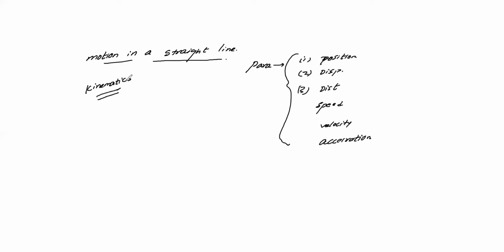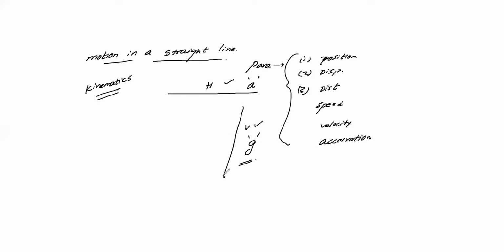Remember, motion in a straight line is nothing but kinematics. Always remember, we are discussing an object traveling in a straight line, whether it is a horizontal case or a vertical case. For the horizontal case we discuss acceleration; for the vertical case we discuss acceleration due to gravity.